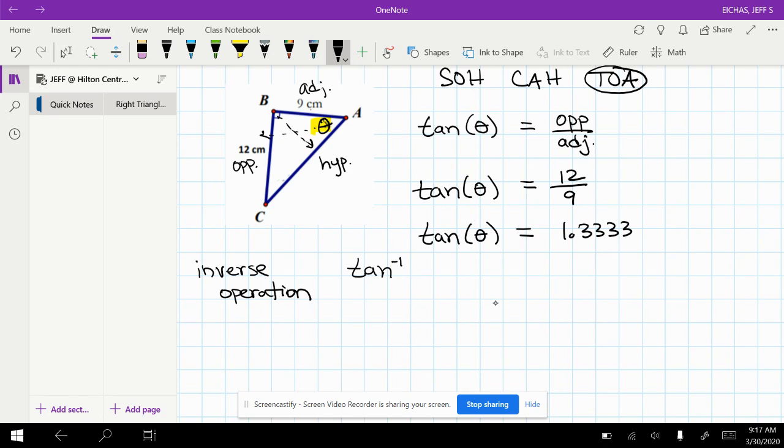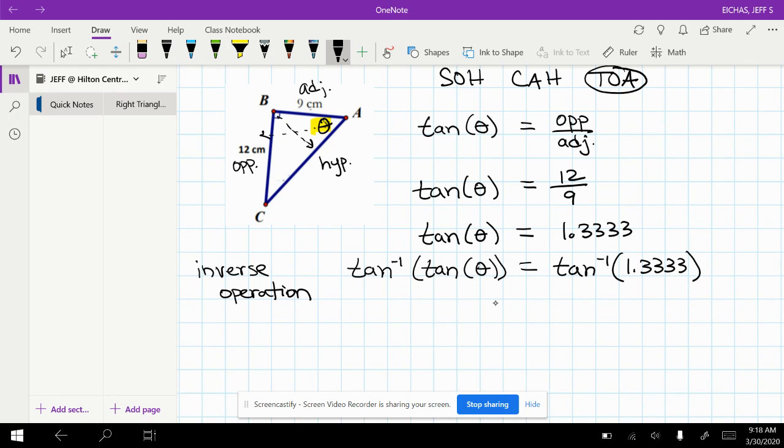That's tangent inverse. Now, when we take tangent inverse of tangent, they basically cancel each other out. Okay, that's not great terminology, but that's essentially what's happening. And then whatever we do to one side, remember, we have to do to the other. This is our algebra coming through here.